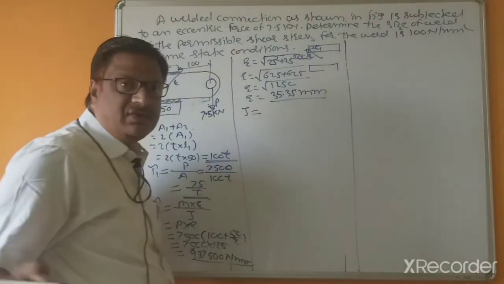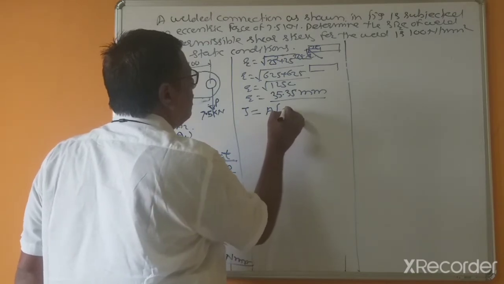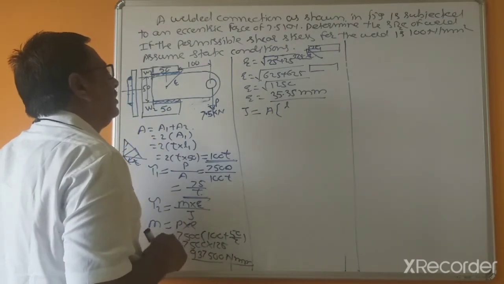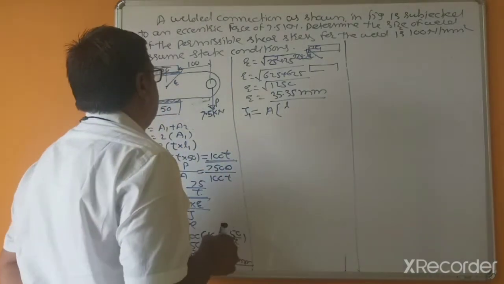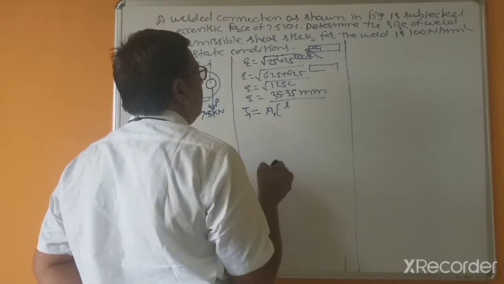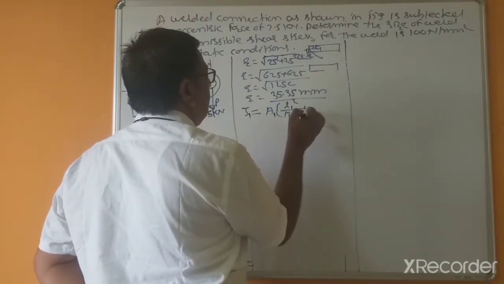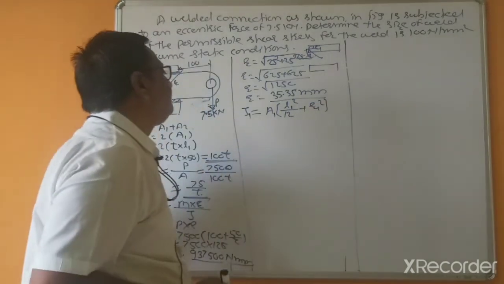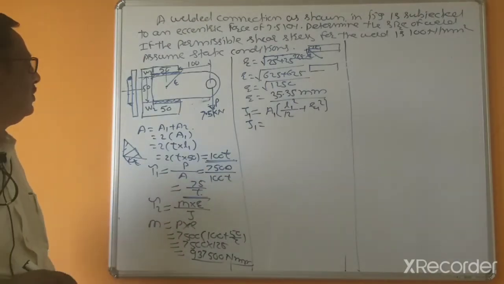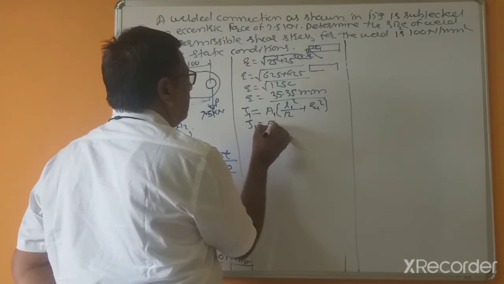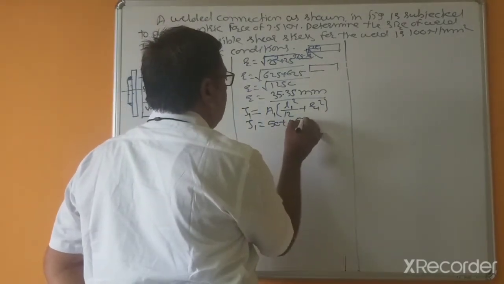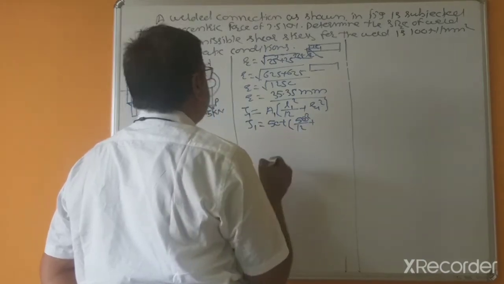How can you calculate J? J1 equals A1 into L1 squared divided by 12 plus R1 squared. A1 equals 50 T, L1 is 50.